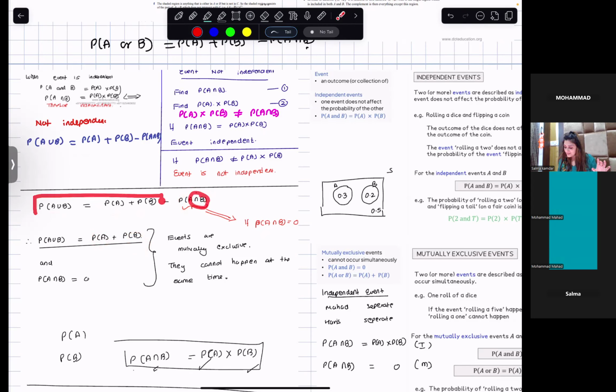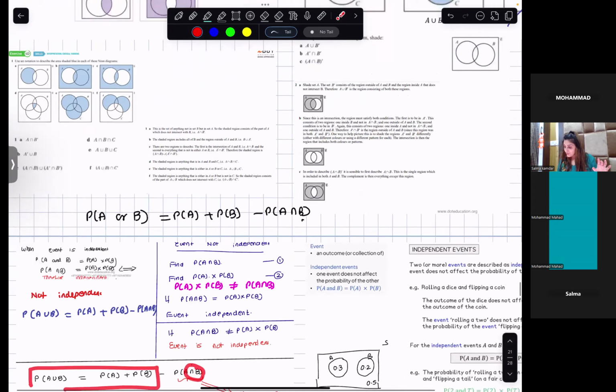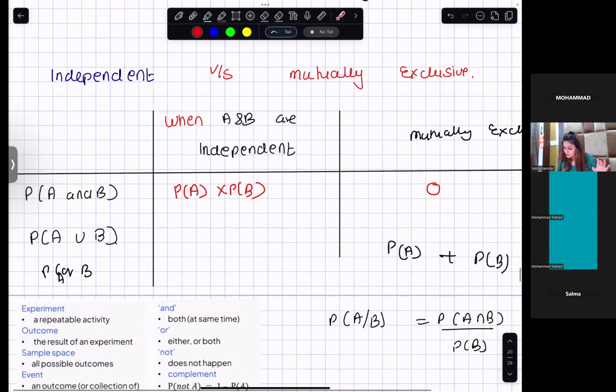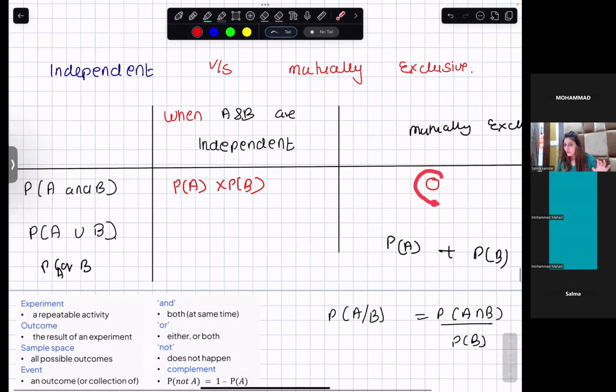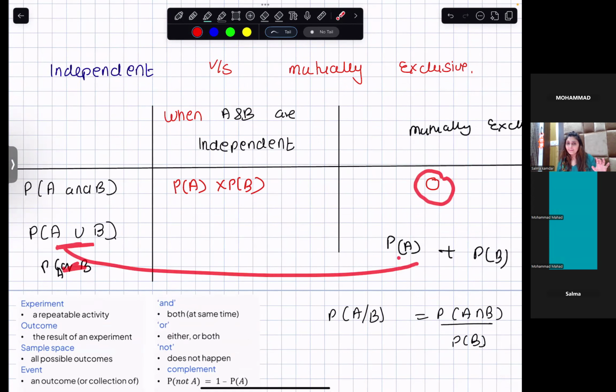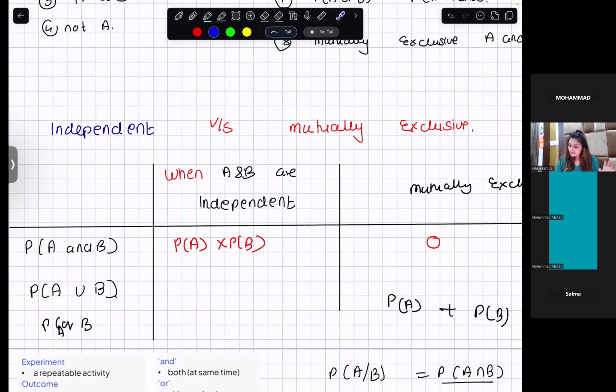That is why this becomes our equation. So when events are mutually exclusive, A and B cannot happen together, and probability of A union B becomes only A plus B. Are you with me?